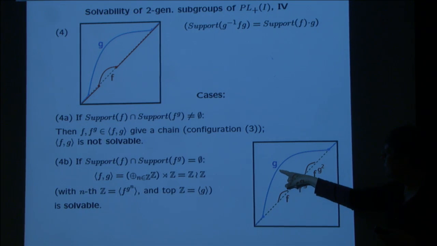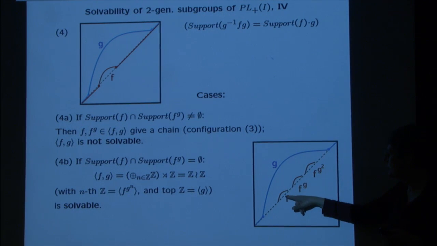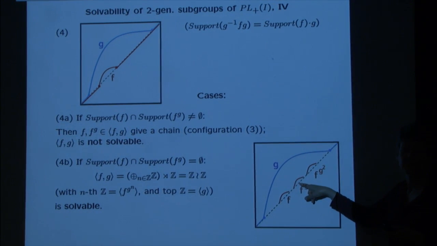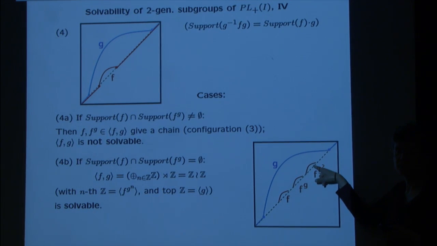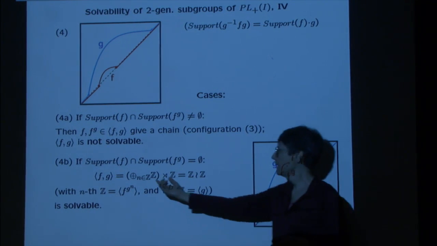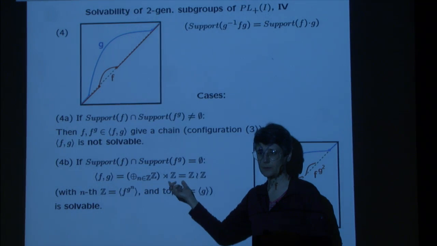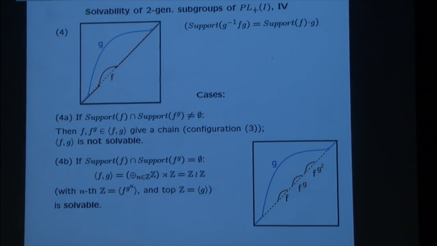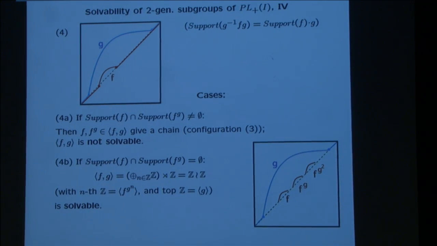And the conjugation by G just takes the generator of this guy to the generator of this, and then the generator of this to the generator of this. So we get Z wreath Z. But that's a semi-direct product of something huge but abelian with something abelian. So we actually are in the solvable case at that point.